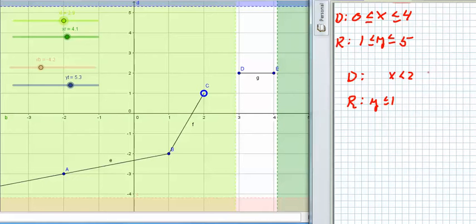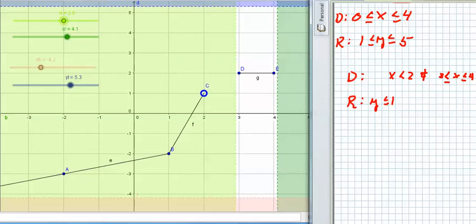So x can be less than 2, and x can also be greater than or equal to 3, and less than or equal to 4. All those values are allowed.